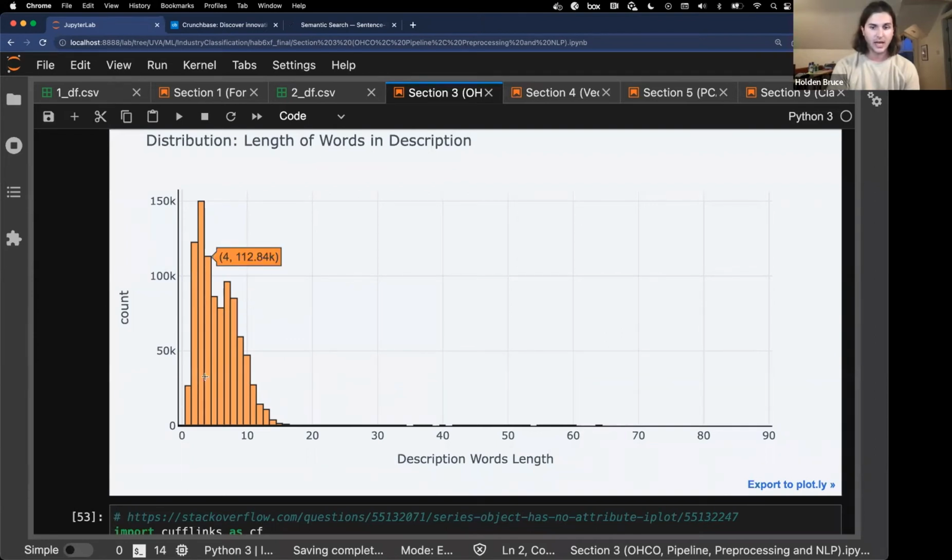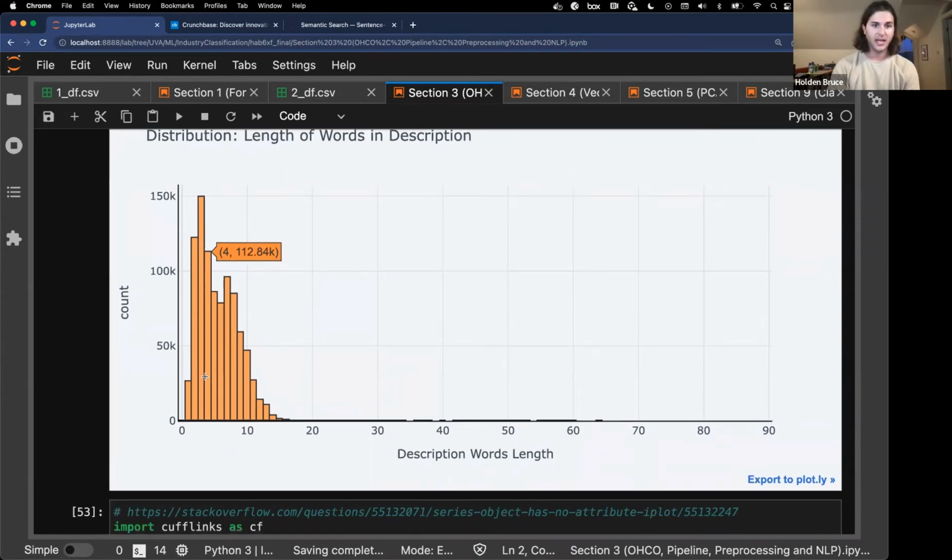I'm looking at how long the words are, and there's really no goal in mind for this part. It's called exploratory data analysis: trying to understand what's going on with the data I'm working with. There aren't really any goals. It's just exploration, and then maybe goals come from that.